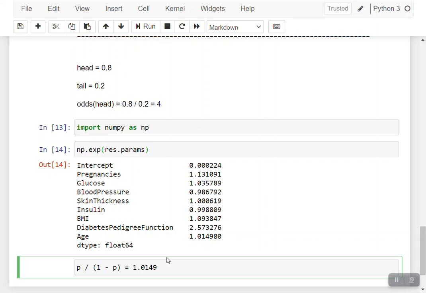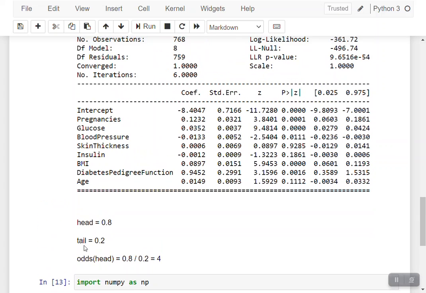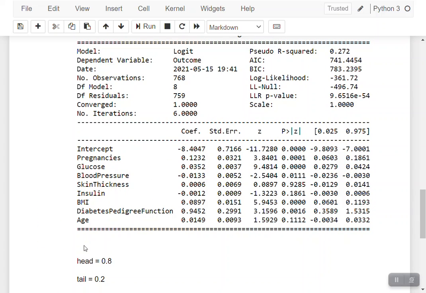And then you can solve for p. If you solve for p, you're going to get the probability of being diabetic with each extra year increase in age. So I leave you that exercise to finish. So once again, the logistic regression allows us to make a prediction for an outcome which is binary. And what's useful about this prediction is that it can be interpreted in the language of probabilities.